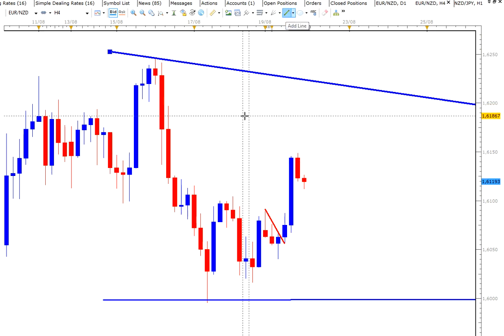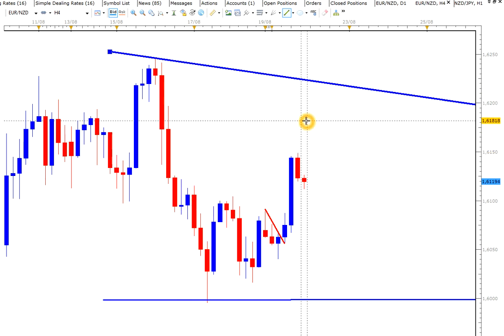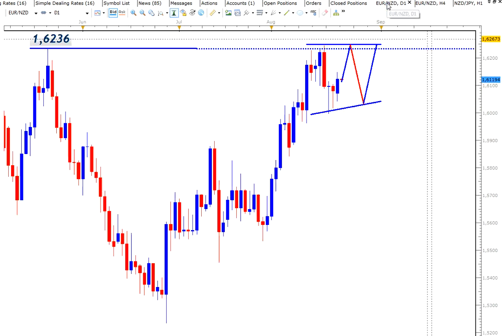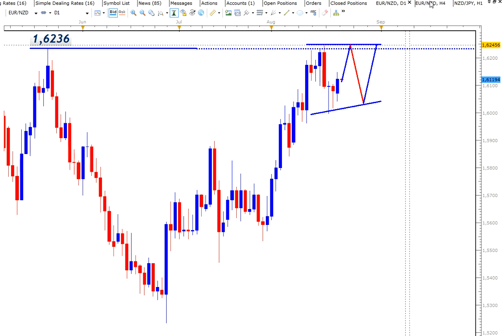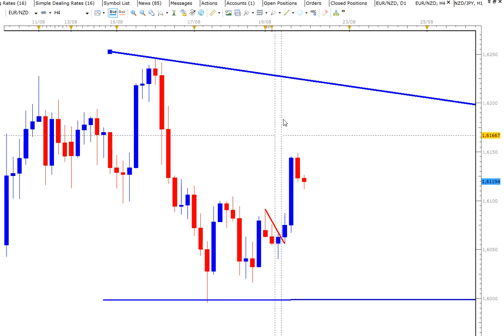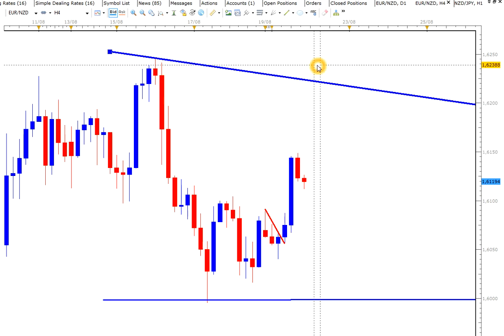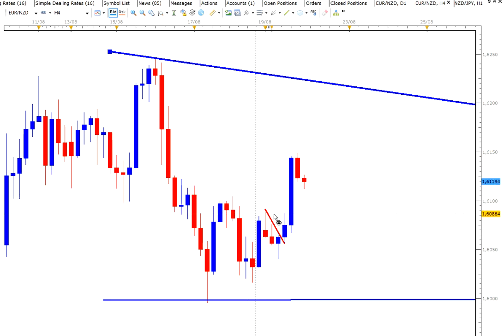The first has to do with the fact that when it comes to consolidation setups of this size, usually when it comes to the signals that the 4-hour chart provides to start a movement from one side of the boundary to another, the signals generally are not this elaborate.